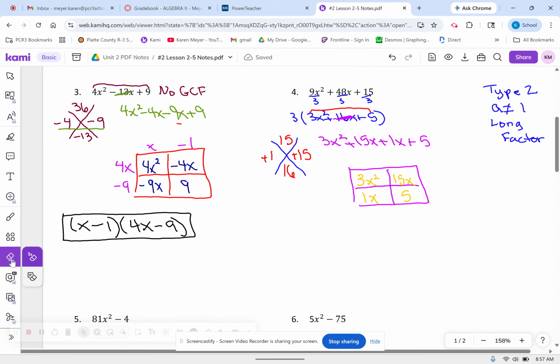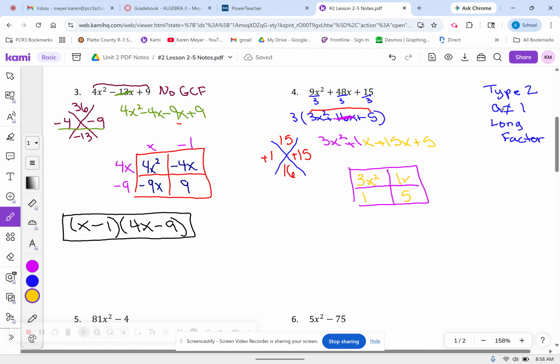Actually, I'm going to flip that around. I'm sorry, I just want to show you what would happen. I should have left it the same the first time. So I'll go 1x plus 15x plus 5. Just because I don't want you to think this will always happen. So let me change it back around.